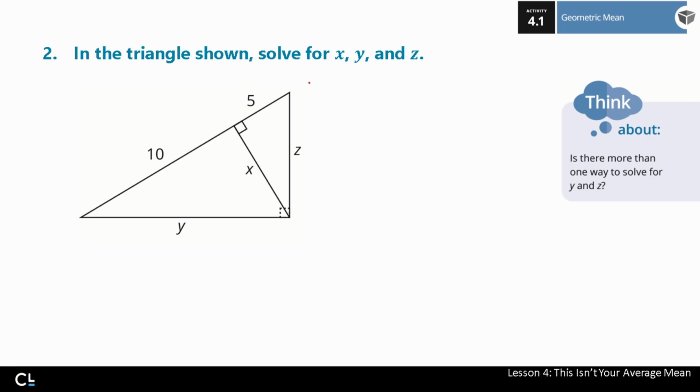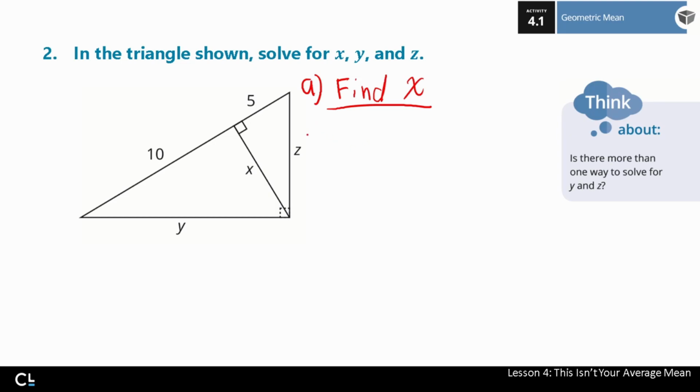So I'm going to say part A. We're going to find x. In order to do so, we have to think about which theorem we're going to use. Now we're going to use our hypotenuse altitude theorem. And in that theorem, it says our altitude is the geometric mean of the two segments of our hypotenuse. So 10 and 5.